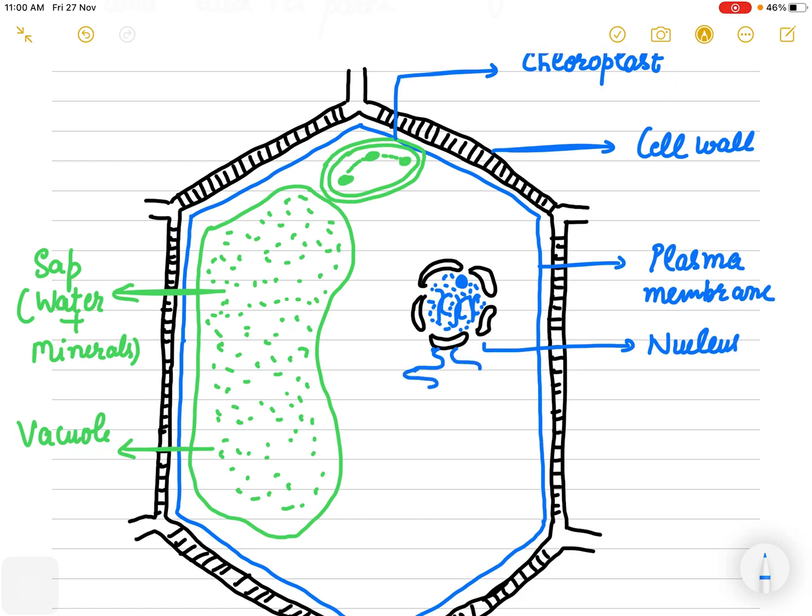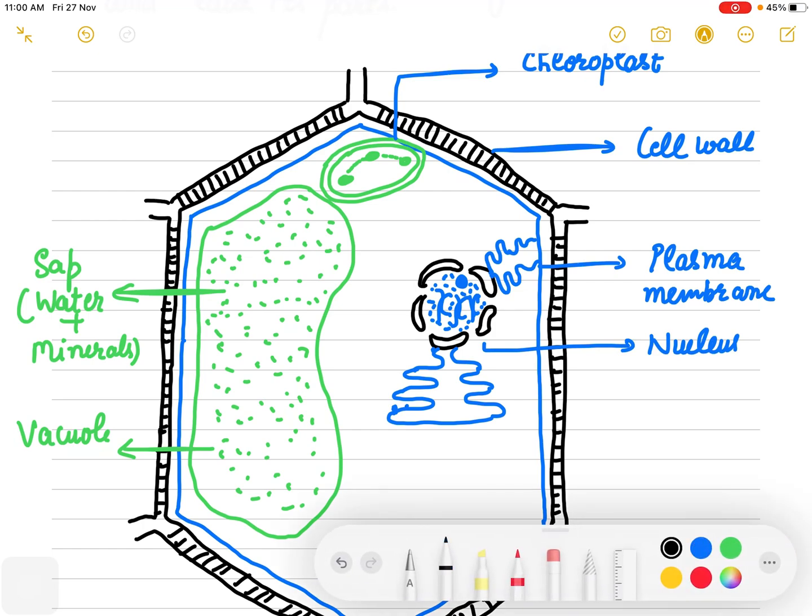Very close to the nucleus, there arises this network. This is not clearly given in the book, so students do not draw it, right? You have to draw this kind of network, and this network is called your endoplasmic reticulum. I am drawing one here so that you can clearly understand. Let's make it with another pen.